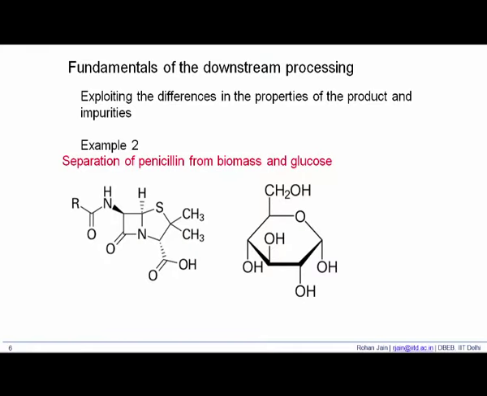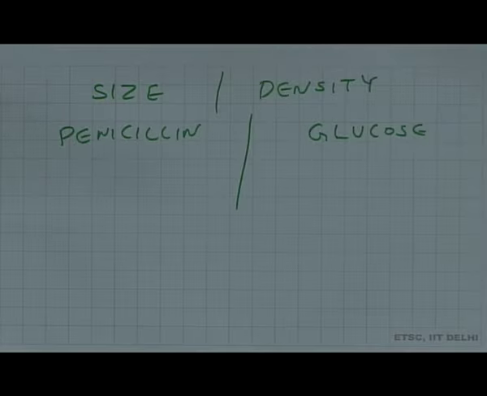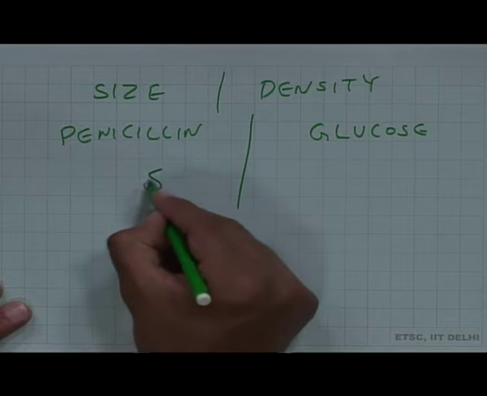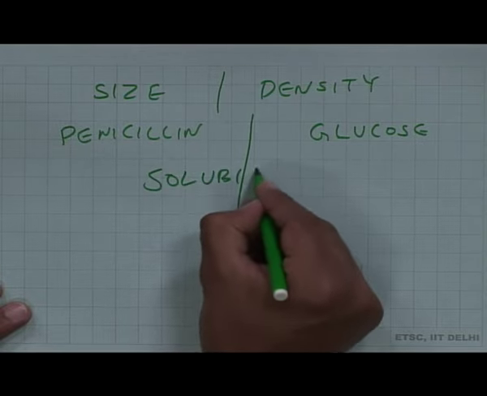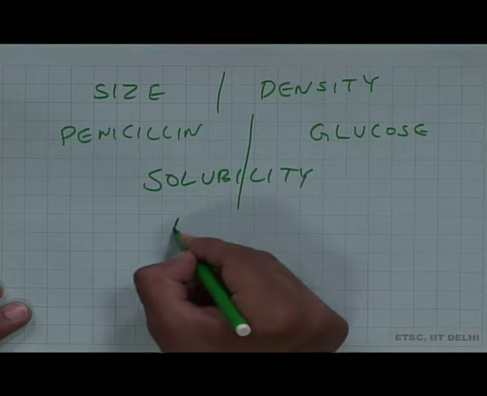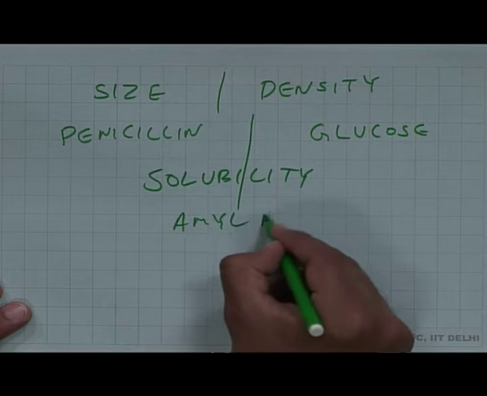Again, if you see, penicillin as well as glucose is a cyclic structure, but glucose has a lot more OH groups and it is highly soluble in water, while penicillin, while changing the pH, is not soluble in water, it is highly soluble in amyl acetate. So, what we can do is we can check solubility in amyl acetate.